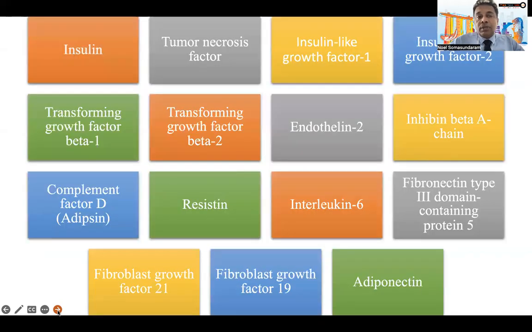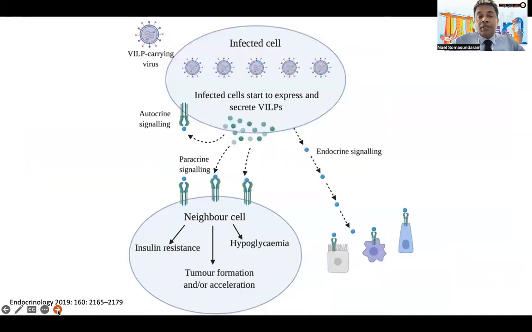And what they found is that a lot of these, at least 20 that are being shown here, could be coded for by viruses in the environment, and potentially these could lead to illnesses. For example, if a virus carrying a virus-induced protein infects a cell or a human, it can lead to inflammation and paracrine and endocrine signaling.